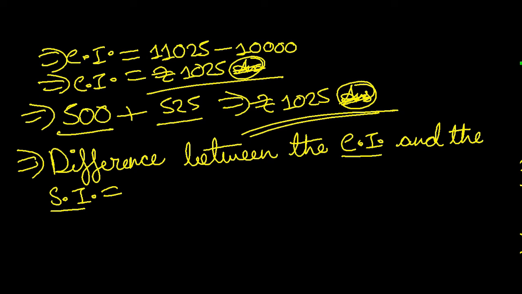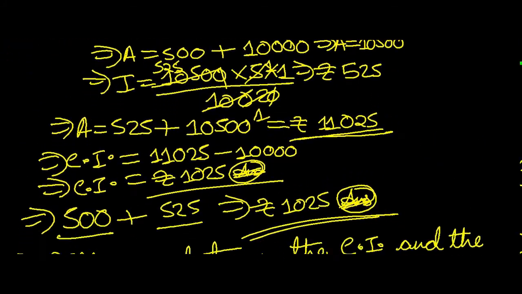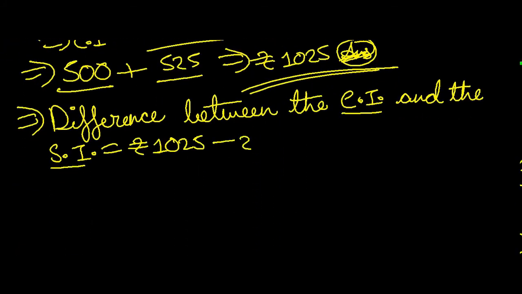So difference between the compound interest and the simple interest is equal to rupees 1025 minus rupees 1000. Actually the formula is CI minus SI, which I did. I wrote CI as 1025 rupees and SI as rupees 1000.